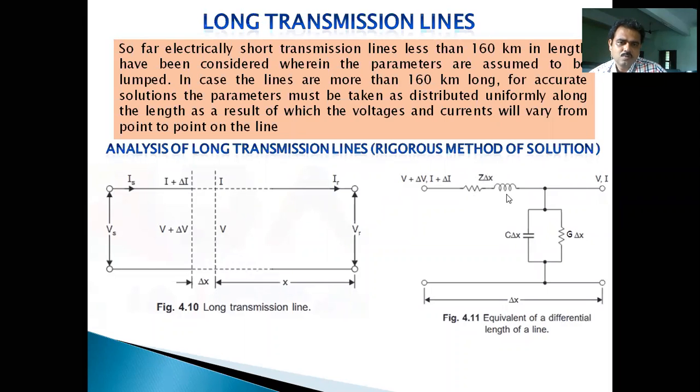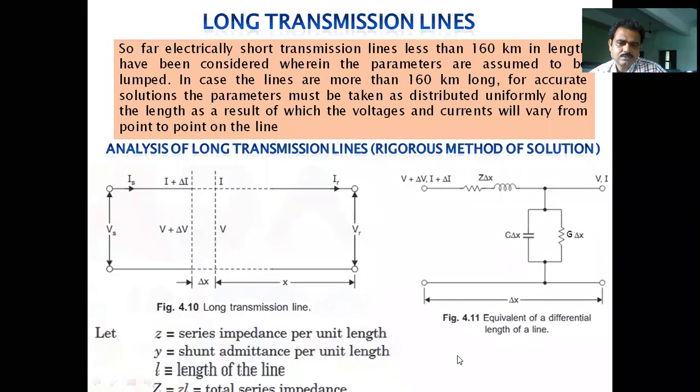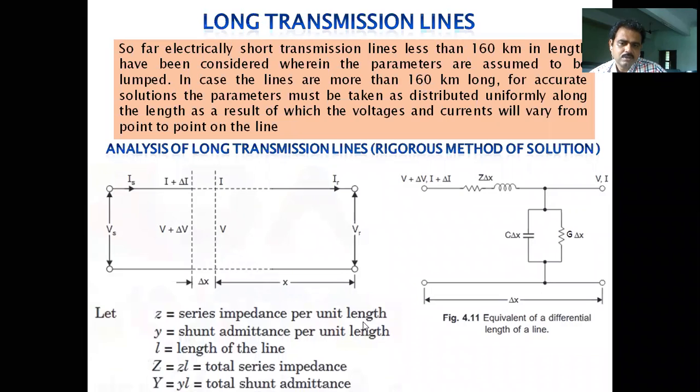Small z represents the series impedance per unit length. Similarly, small y represents the shunt admittance per unit length, whereas for the whole line, capital Z equals small z into L, which is the total series impedance, and capital Y is the total shunt admittance.